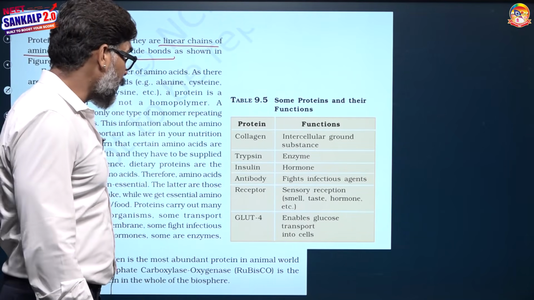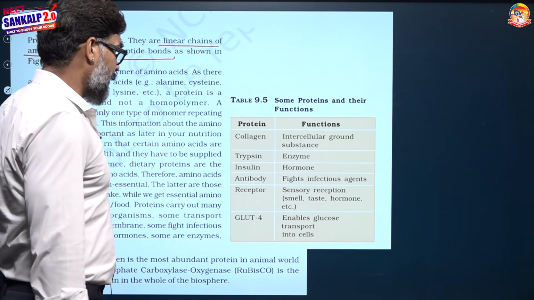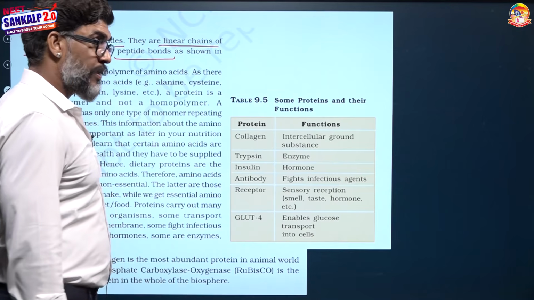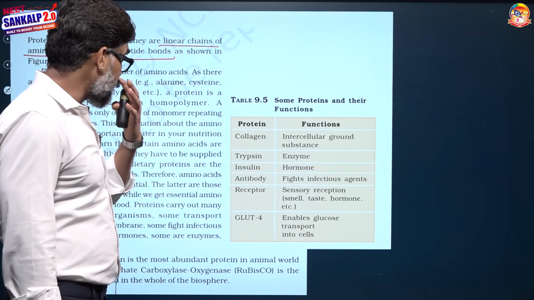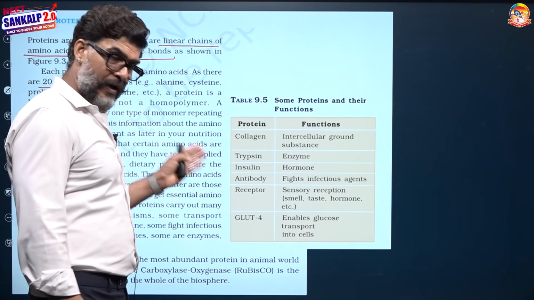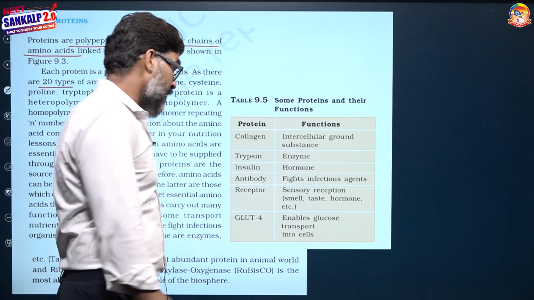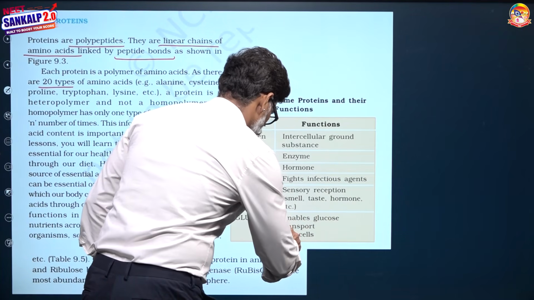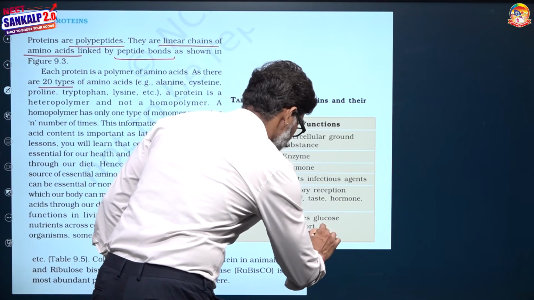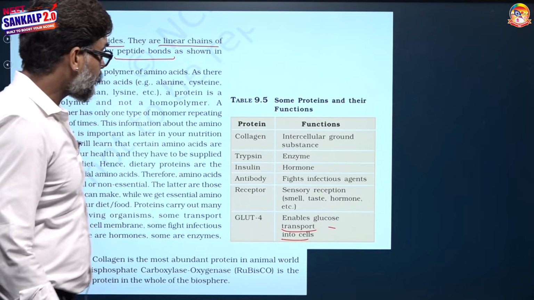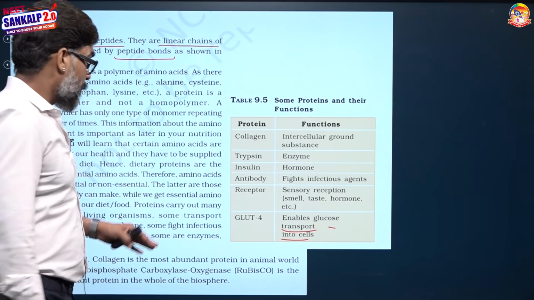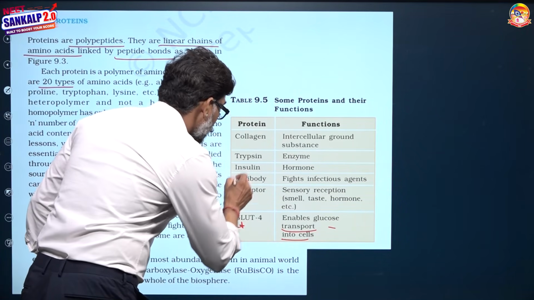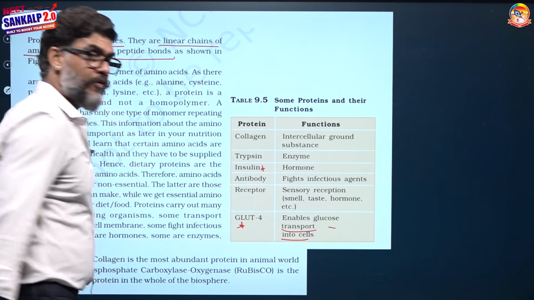Insulin is a hormone. Antibodies fight infectious agents. Receptors include sensory receptors. GLUT4 is a protein present in the plasma membrane that enables transport of glucose across the cell. These examples, particularly GLUT4 and insulin, are very important.